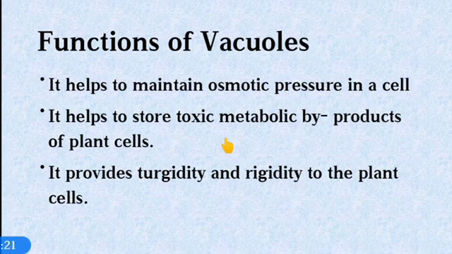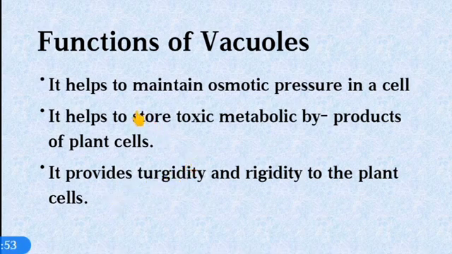And we already know that the vacuoles are the storage sacs of the cell. So it helps to store toxic metallic byproducts of the plant cells, and it provides turgidity and rigidity to the plant cells.